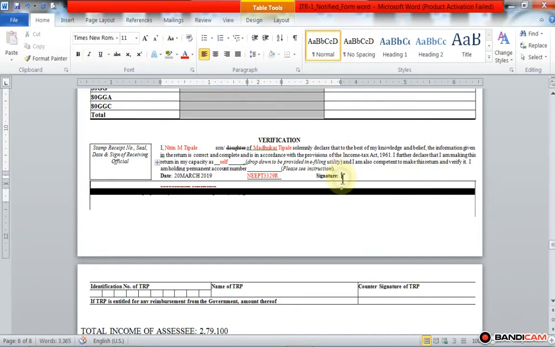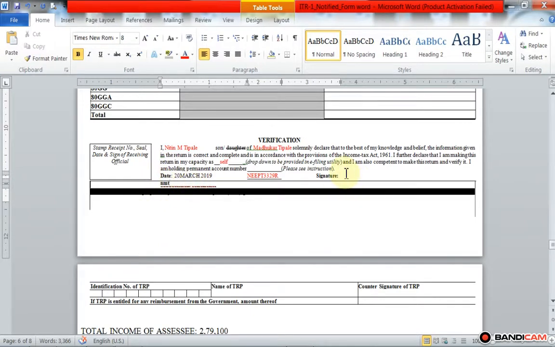Then the signature: Nitin M. Tipale. NTM means Nitin Tipale.